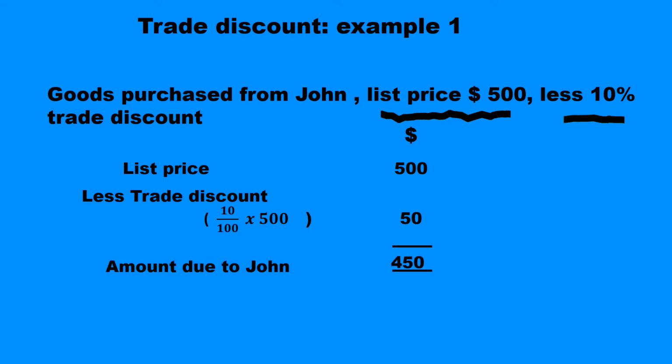Therefore, the amount that will be due to John is only 450 and not 500. So this should be carefully interpreted.